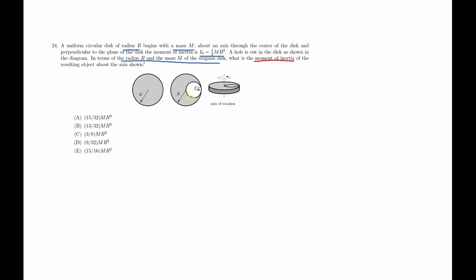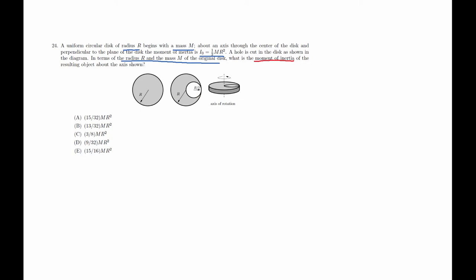Well, this time we are kind of changing it by cutting out the hole of this disk with r/2 as our new radius, and we have to find the relevant moment of inertia for this figure.